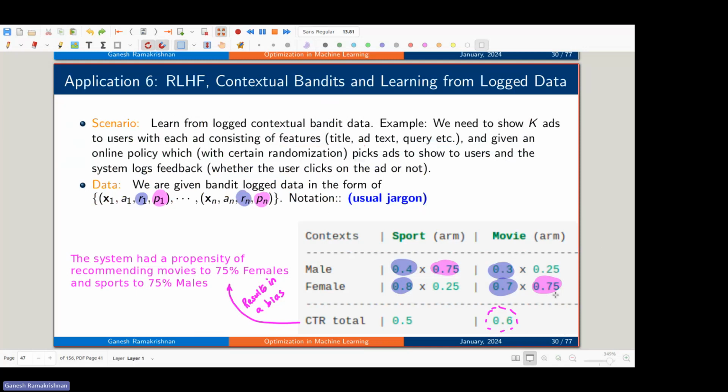Now, if I add up for sports from the females and the males, what do I get? 0.5.